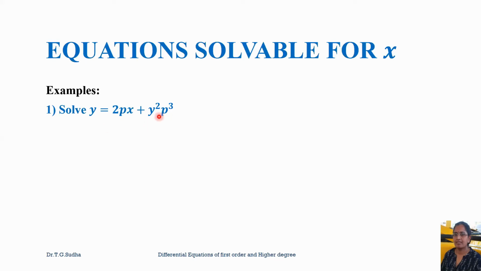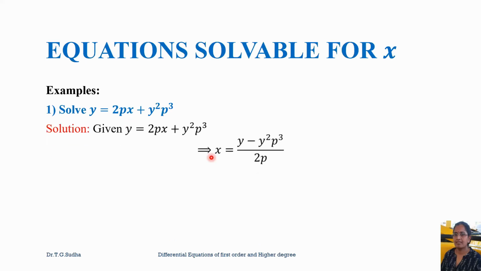So we can express this equation given to us as x is equal to y minus y square into p cube divided by 2p. So we have obtained an expression x in form of a function which contains y and p.